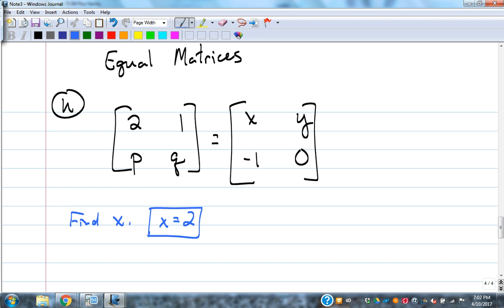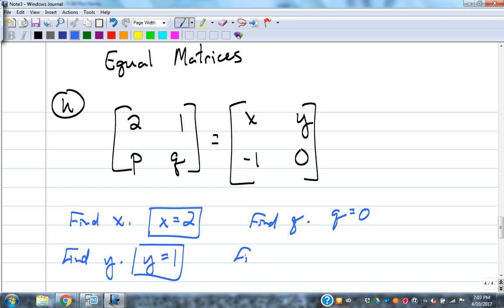Because that's the spot that matches up to where x is. If I ask you to find y, y would equal 1, because that's the spot that 1 lines up to. If I ask you to find q, q is equal to 0. Find p, p is equal to -1.